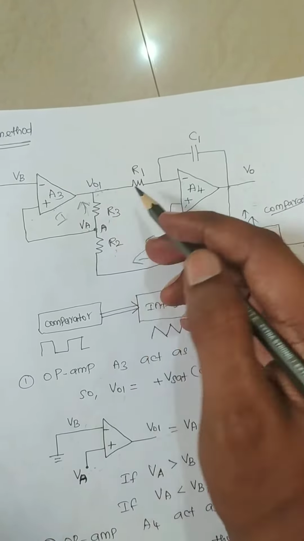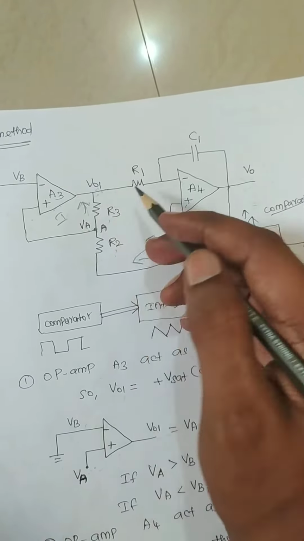Then if V01 is plus VSAT and VA is equal to 0, it acts just like a switch before the VSAT, so at that time it should be 0. Substitute those values in equation 1, and you will get V0 equal to minus R2 by R3 times VSAT. And also if V01 is minus VSAT, VA is also 0. At that time V0 will be R2 divided by R3 times VSAT.